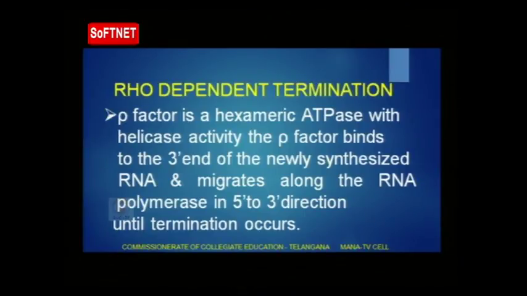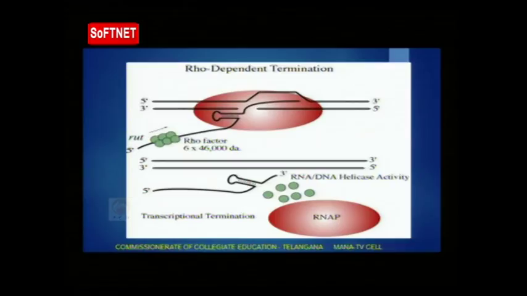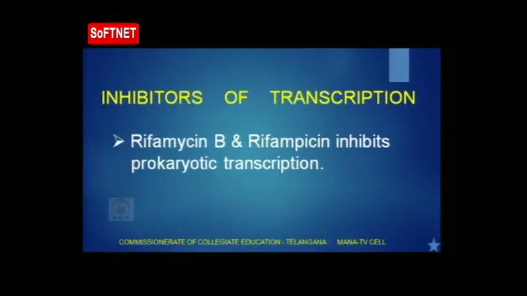So intra-chain interactions will result in the hairpin loop structure, and because of this stem loop structure, the RNA polymerase will lose its stability and its ability to bind with the DNA, and finally it dissociates from the DNA molecule. And this is how the Rho proteins help in the termination process. The Rho proteins will bind to the nascent RNA molecule and migrate along with the RNA polymerase, and the ATP hydrolysis process will finally make the RNA polymerase dissociate from the DNA molecule.